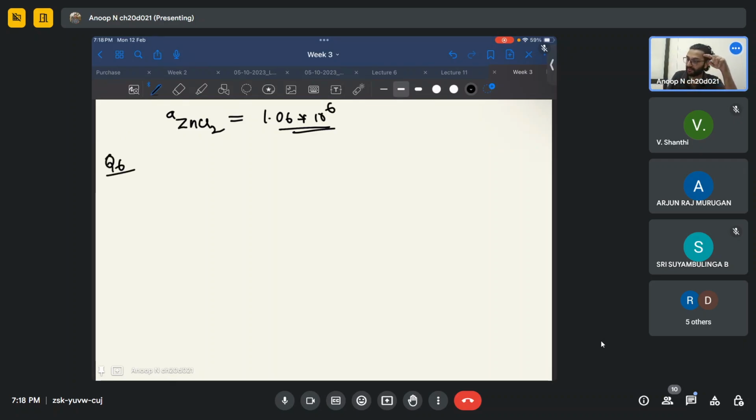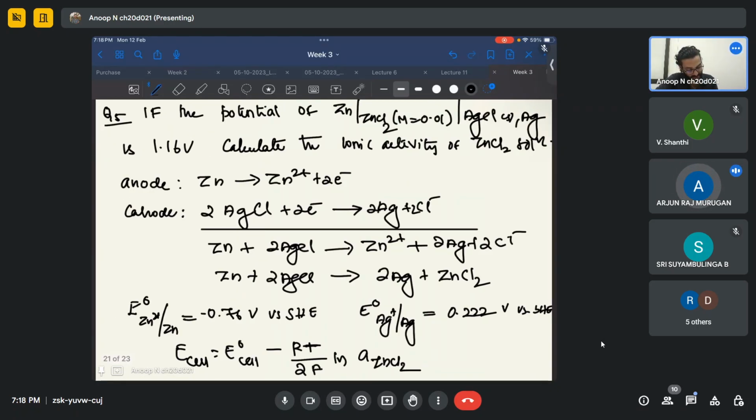This is a little interesting. Any problem in this question? E cell will be 0.222 minus 0.76, so it will be 0.982 volt versus SHE.